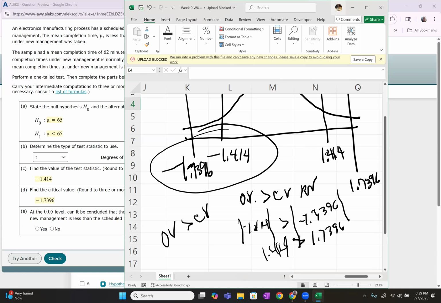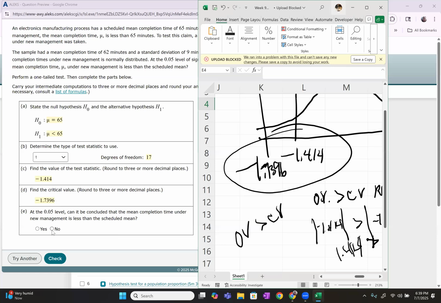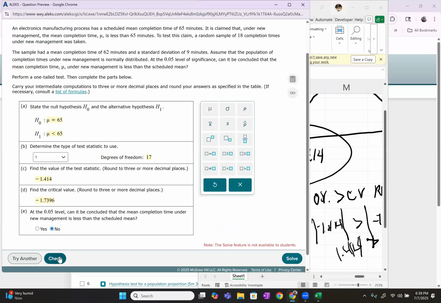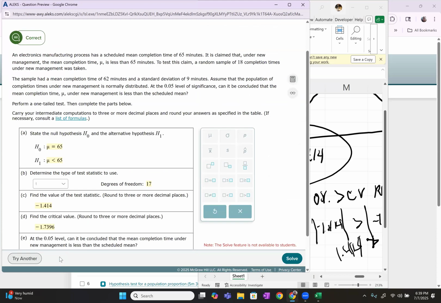So in this case, we're going to say no. We're going to go no? Okay. So let's check our values. Do you see the big old correct sign in front of there? Yes. You should be very proud of yourself.